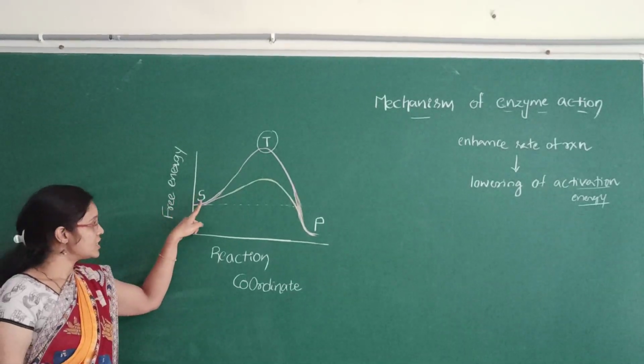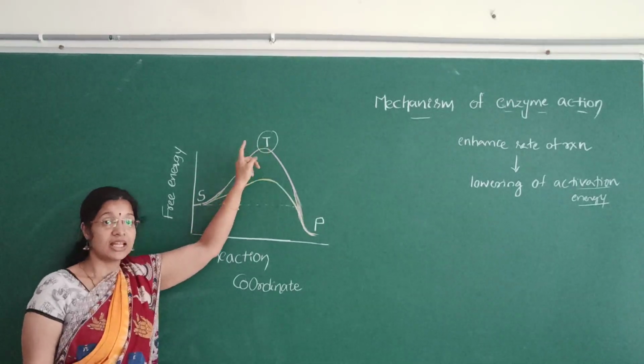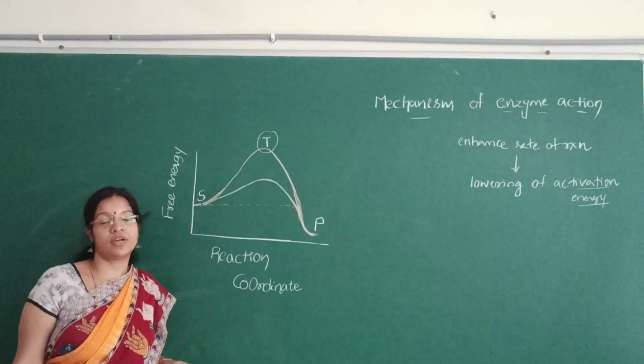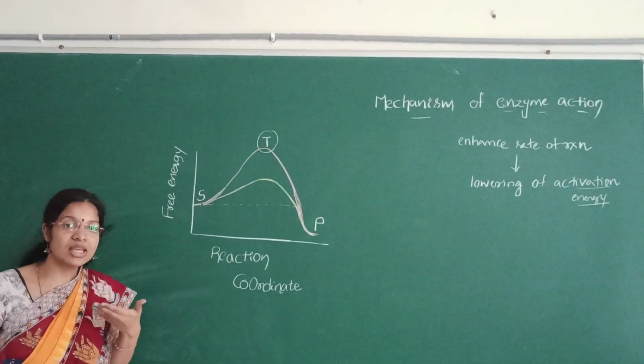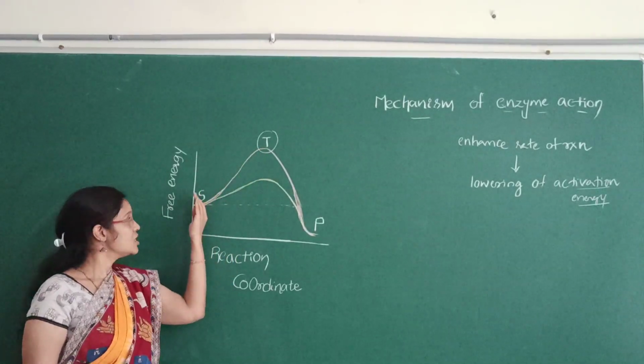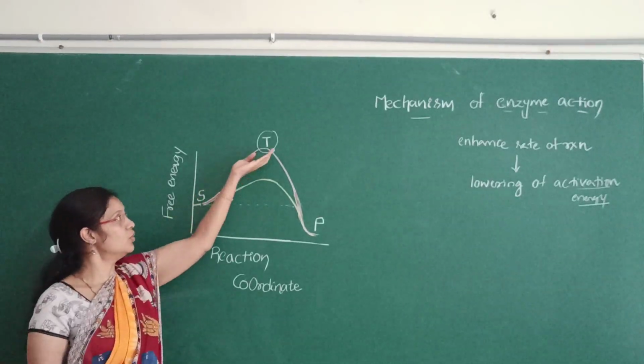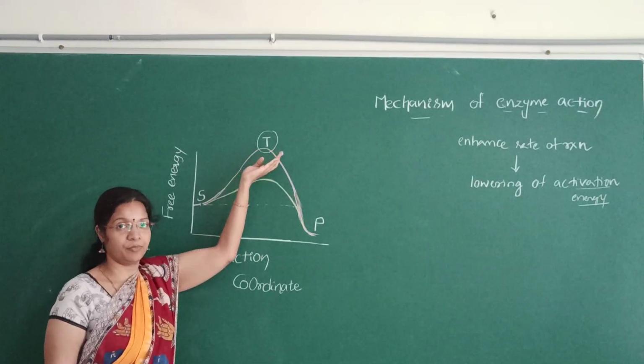For the substrate molecules to move into the transition state, they require some amount of energy. They have to increase their energy levels so that they move from the substrate energy level to the transition state.